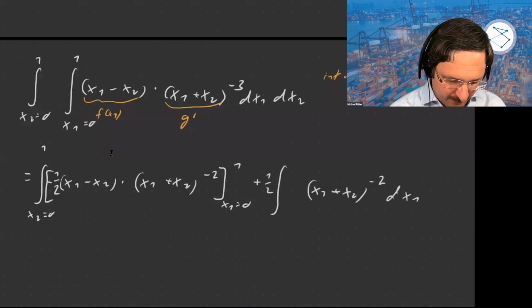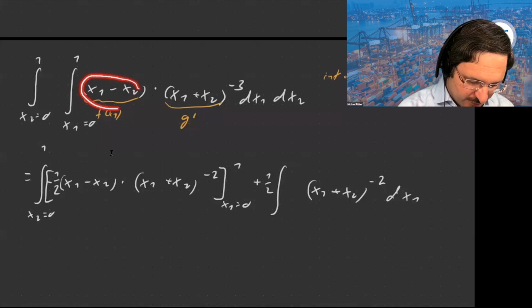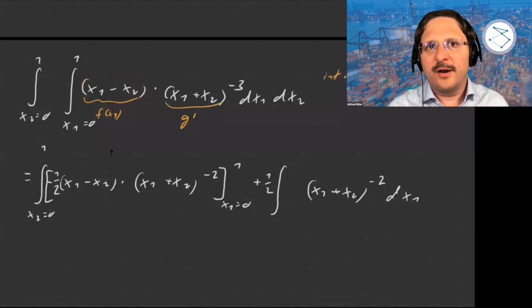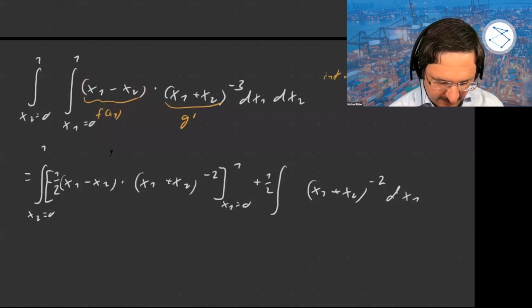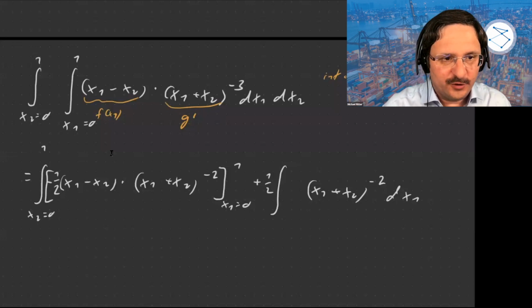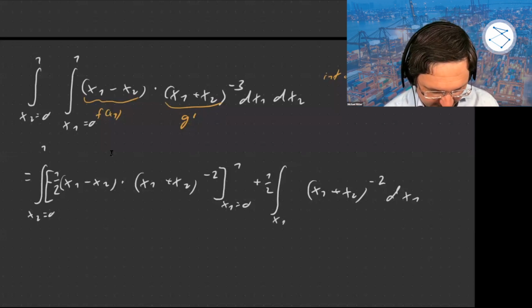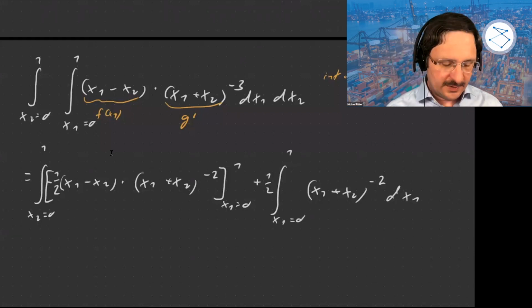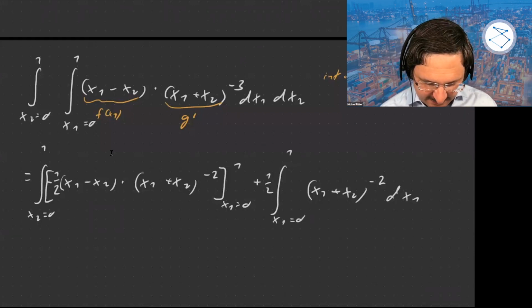And f prime, well, if we differentiate this expression with respect to x1, we just get 1, right? So that part vanishes. That was the whole idea. And here we have x1 from 0 to 1, of course. Okay, so that's the inner integral.